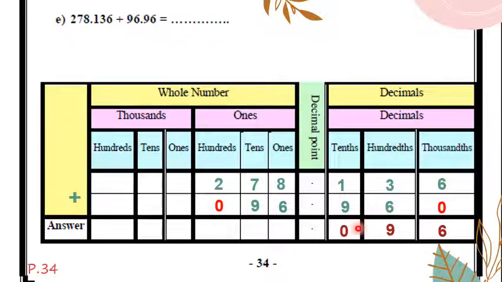So I'm going to write 0 and carry 1. 1 plus 8 is 9, 9 plus 6 equals 15. So I'm going to write 5 and carry 1. 1 plus 7 plus 9 will be 17. 7 and carry 1. 1 plus 2 plus 0 equals 3. So the answer is 375 and 96 thousandths.